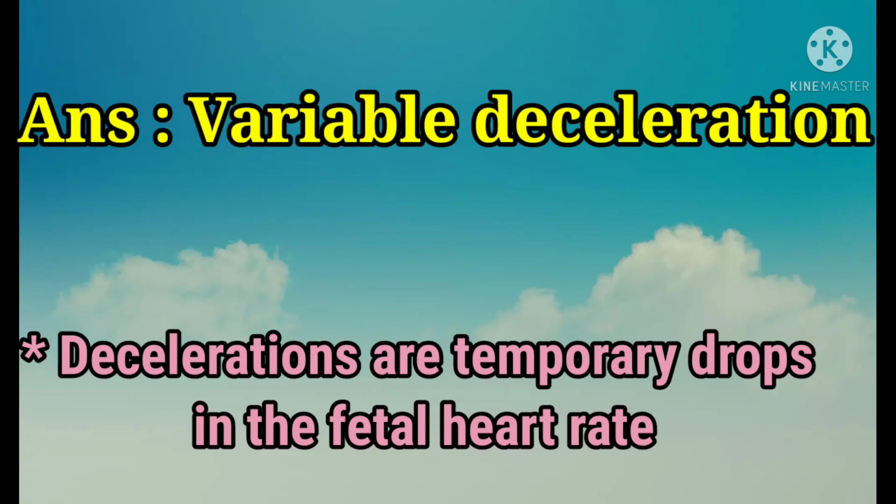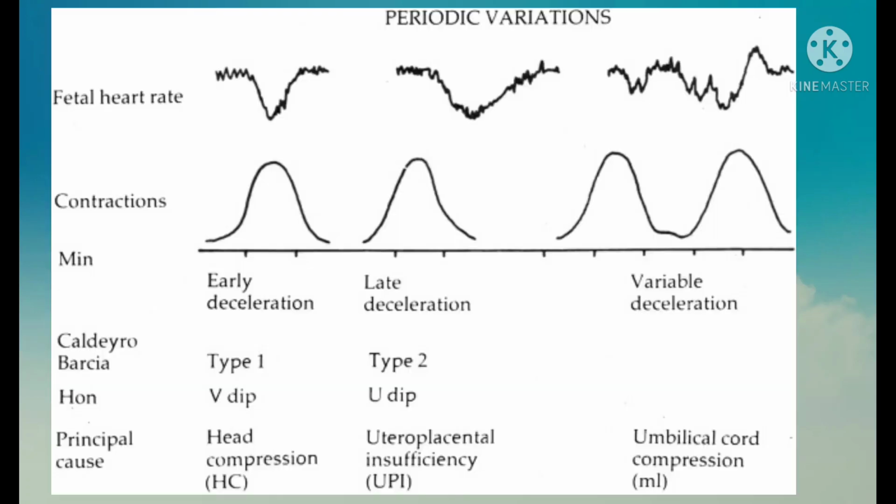Deceleration എന്ന് പറഞ്ഞാൽ ടെമ്പററി ഡ്രോപ്പ് ഇൻ ദ ഫീറ്റൽ ഹാർട്ട് റേറ്റ് ആണ്. ഇപ്പോൾ ഡിഫറെൻറ്റ് ടൈപ്പ് ഓഫ് ഡീസലറേഷൻസ് നോക്കാം. ഫസ്റ്റ് വൺ ഈസ് ഏർലി ഡീസലറേഷൻ. ഏർലി ഡീസലറേഷൻ മെയിനായിട്ട് കാണുന്നത് ഹെഡ് കംപ്രഷനിലാണ്. ഇറ്റ് ഈസ് ടൈപ്പ് 1. ടൈപ്പ് 2 ഈസ് ലേറ്റ് ഡീസലറേഷൻ. ഇസ് സീൻ ഇൻ യൂട്രോ പ്ലാസൻ്റൽ ഇൻസഫിഷ്യൻസി.